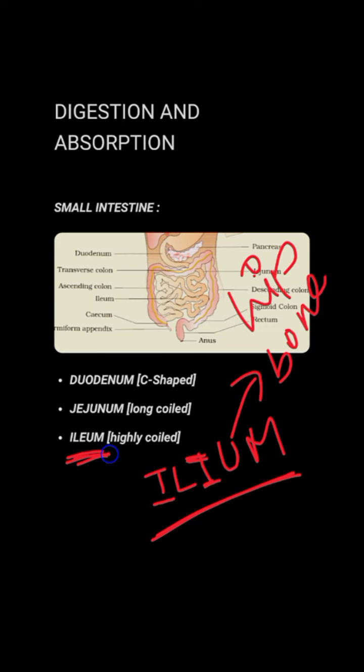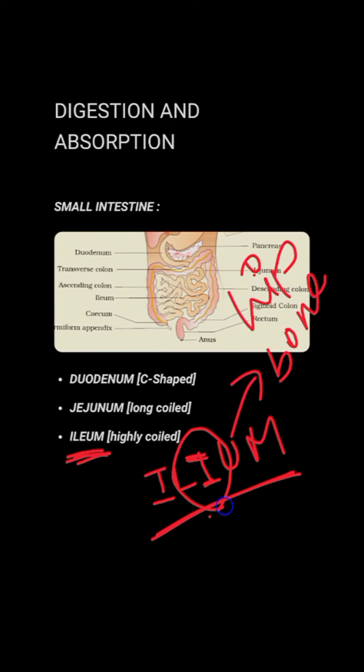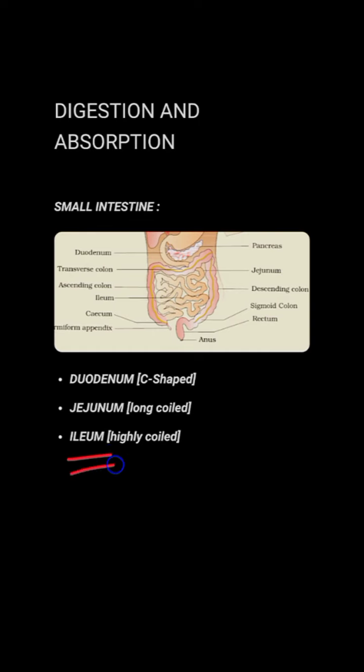Many times I made the mistake of confusing the E and the I, and only later I realized it. So you should not repeat that mistake. Ileum with E is for the small intestine part, and Ilium with I is a hip bone. You will see that hip bone later in the locomotion and movement chapter.